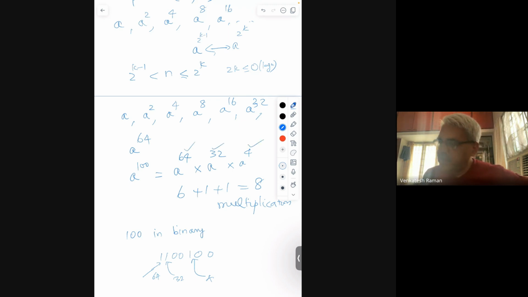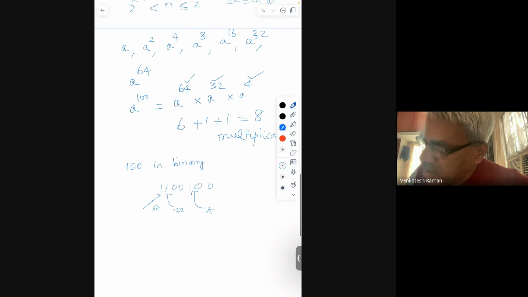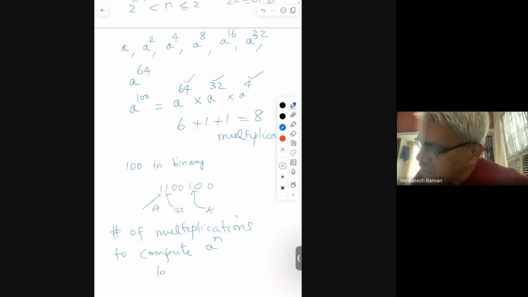So the number of multiplications to compute a power n, you can verify, would be log n, maybe log of floor of n, right? Take the log n, round it down, plus the number of ones in the binary representation of n.